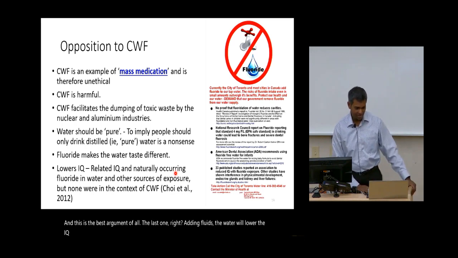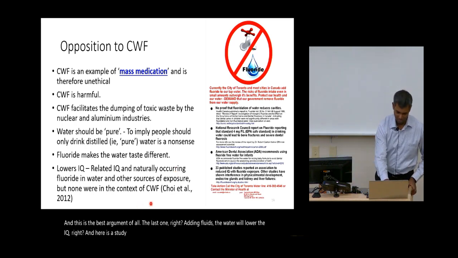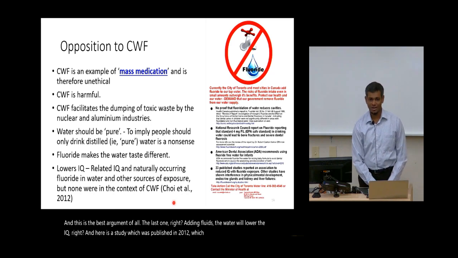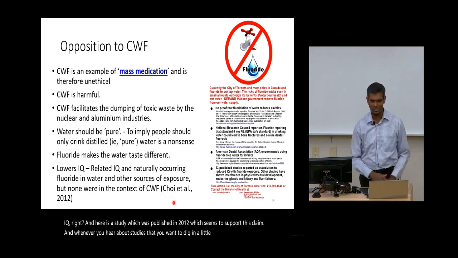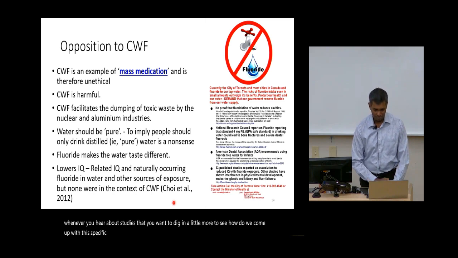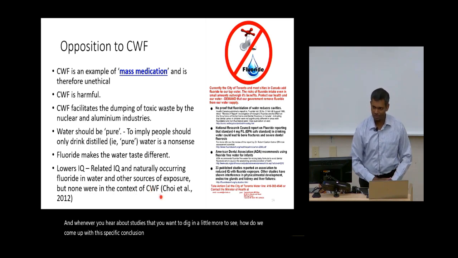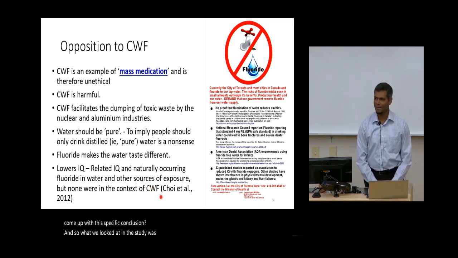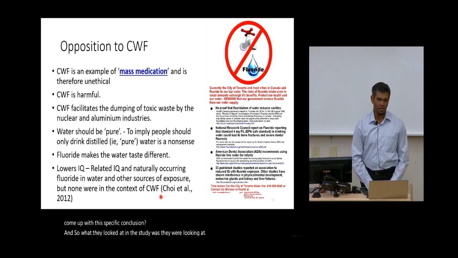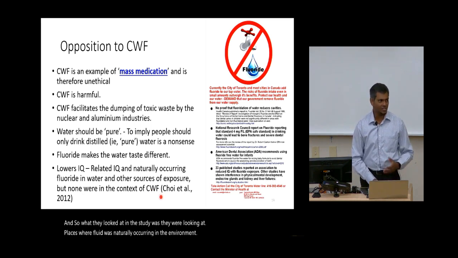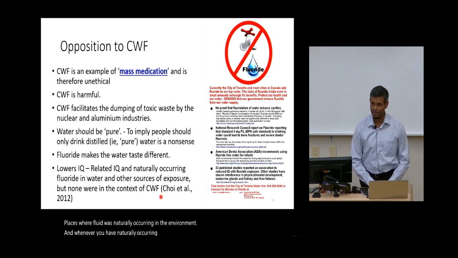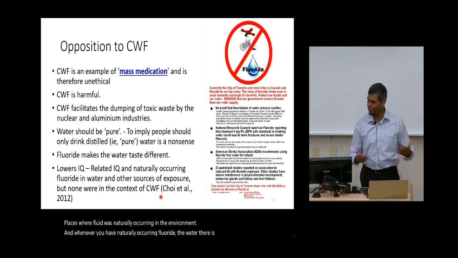And here's a study published in 2012 which seems to support this claim. Whenever you hear about studies, you want to dig in a little more to see how they came up with this specific conclusion. What they looked at were places where fluoride was naturally occurring in the environment, and whenever you have naturally occurring fluoride in the water, there's no regulation on the level of fluoride.